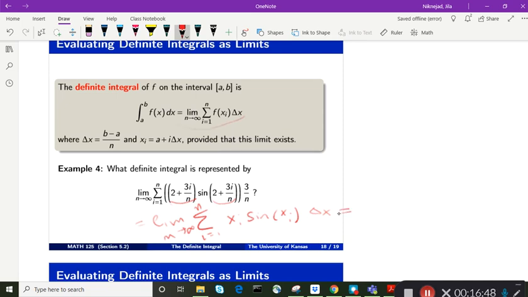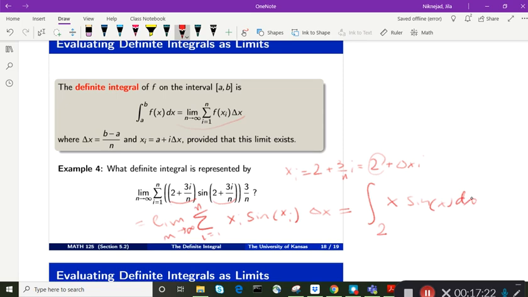Now convert this back and you get the integral from, and so let's see, when I chose xi, that should give me also a. So xi was chosen like that, right? And that is basically 2 plus delta x times i, or i times delta x. It seems like this should be a, and so the function is going to be x sine of x dx.